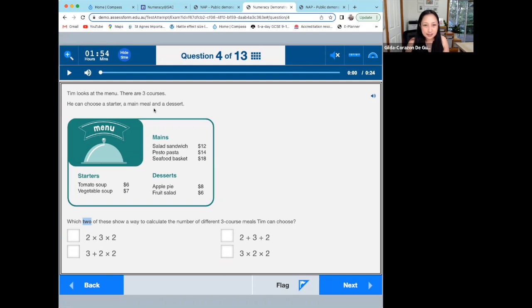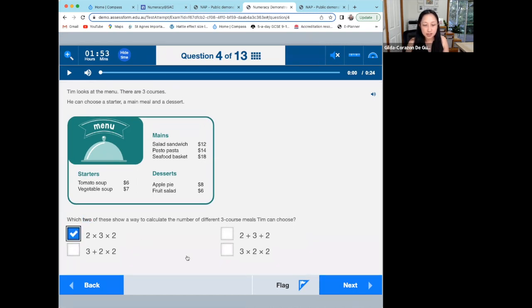Since there are 2 choices for your starters, it's 2 times how many choices you have for the main meals. It's 3, so it's 2 times 3, and then times 2. So it would be this one here. 2 times 3 times 2, or the other one would be 3 times 2 times 2, which is equivalent. These 2 here won't be equal to 2 times 3 times 2.